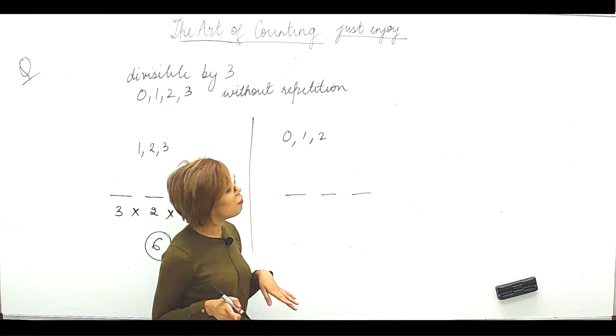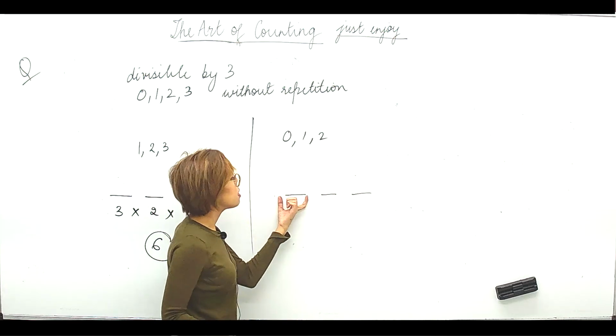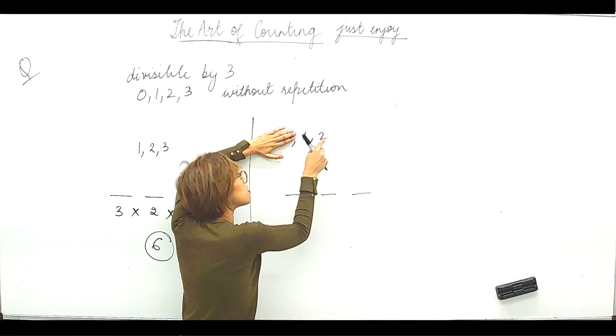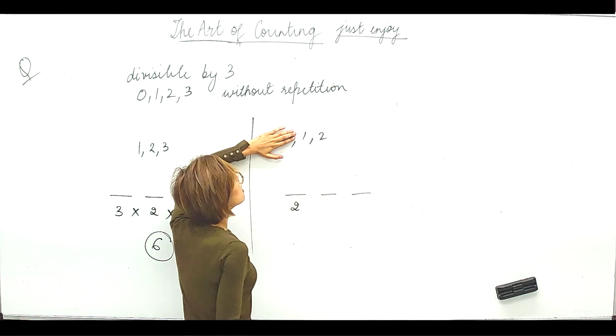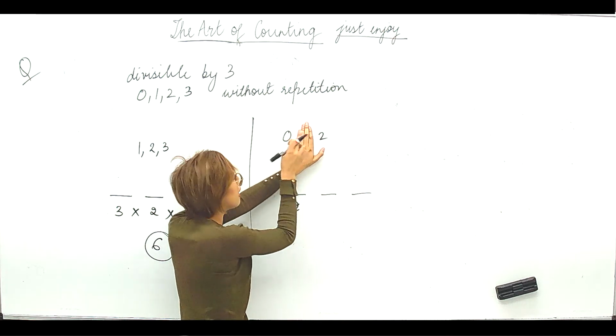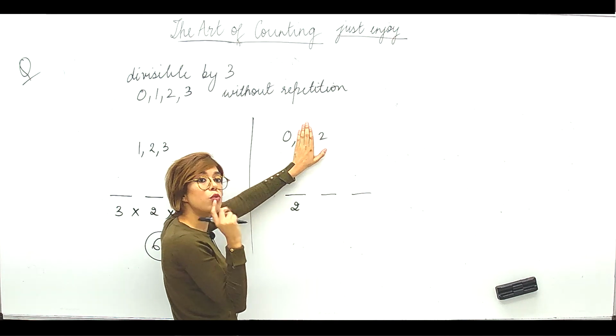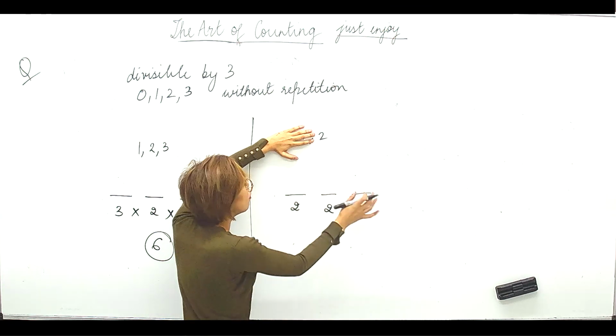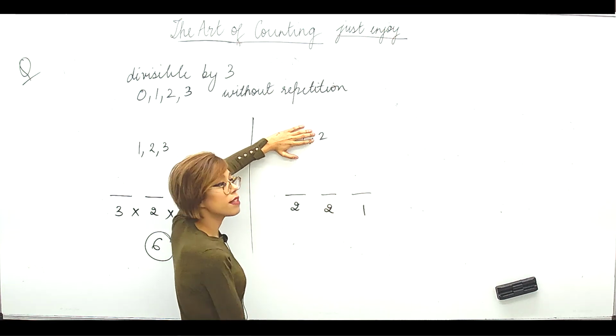Now, let's consider this case. Now I have to be careful because when I am talking about this place, I cannot have 0. So I have just 2 choices now. Right? Suppose I put 1. Now for this place, I can put 0 or I can put 2. So again, I have 2 choices. Right? And suppose I put 0. Now for this place, I will have just 1 choice.